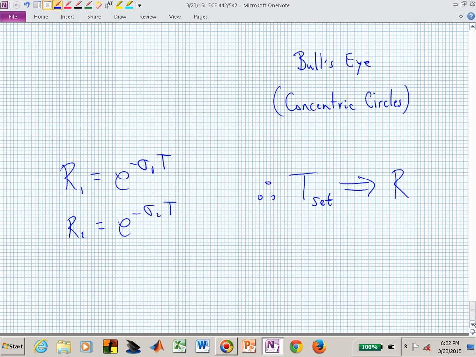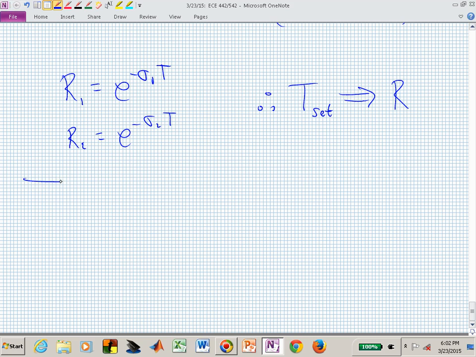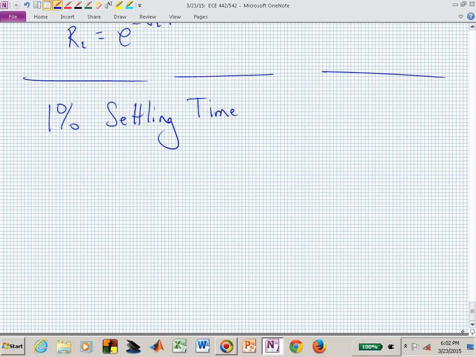Let's look at an example. How do we find what that R needs to be? For example, suppose we are given a particular settling time value, and we need to find what radius we are talking about. What is our R value?